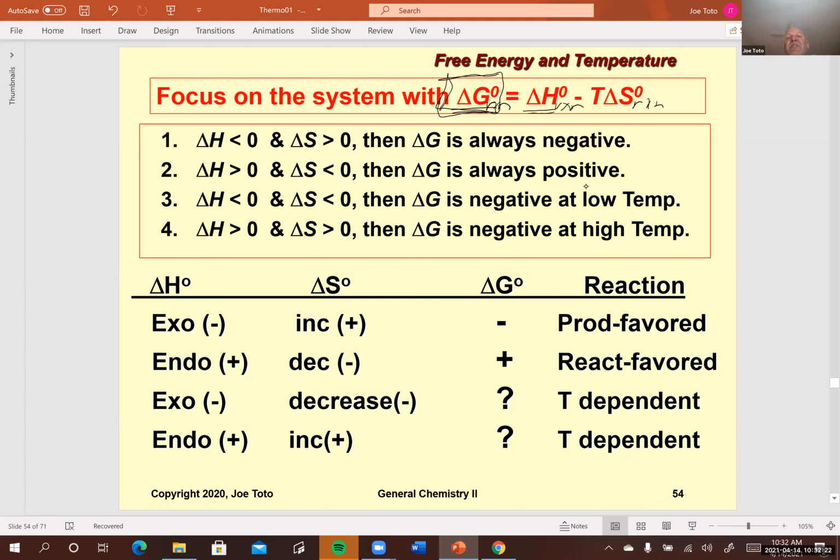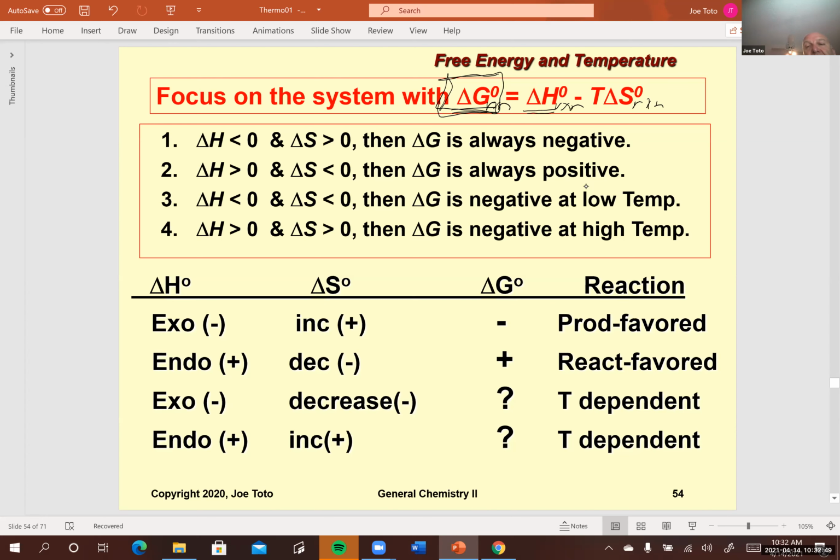So the two terms that go into dictating the signs of delta G are the delta H, or the exo- or endothermicity of my reaction, and the delta S of my reaction. Am I going to increase or decrease entropy? Am I creating gas or a liquid or a solid from a gas, a liquid, or a solid?